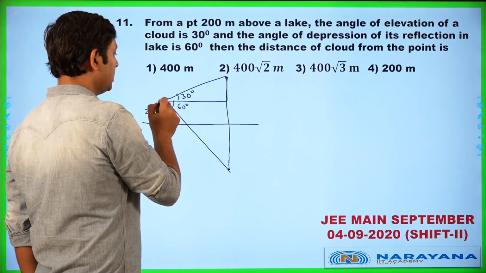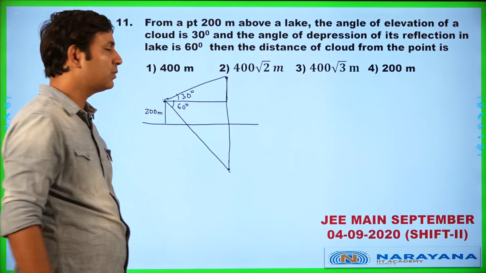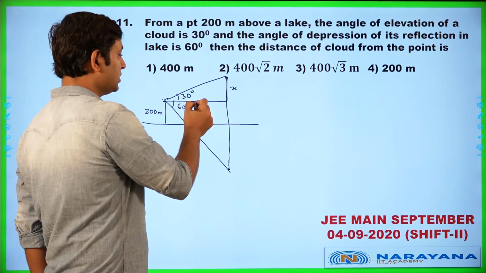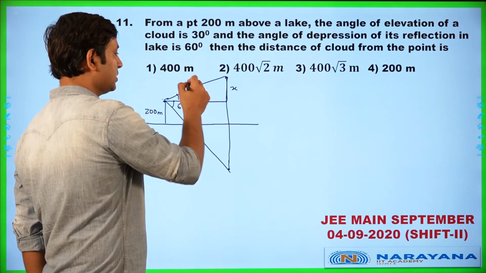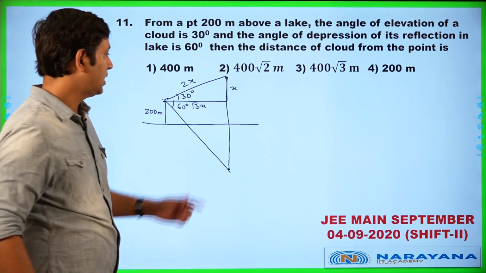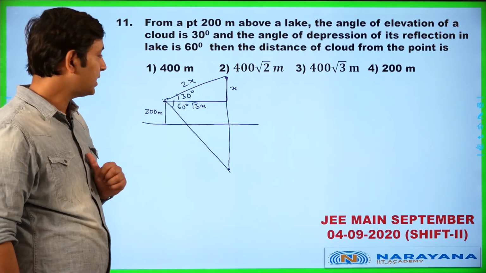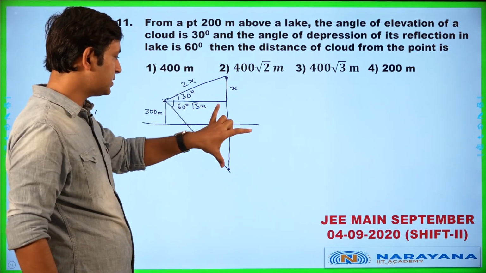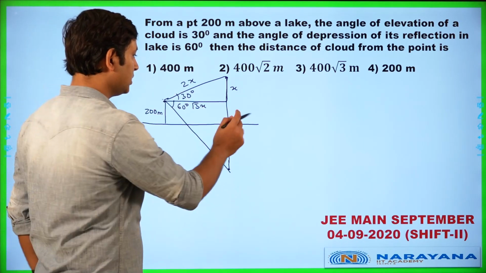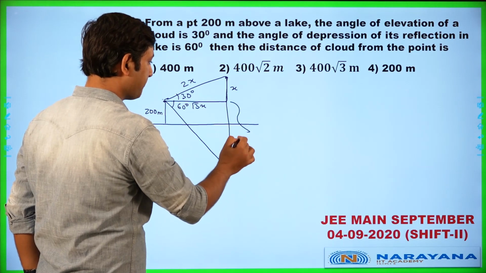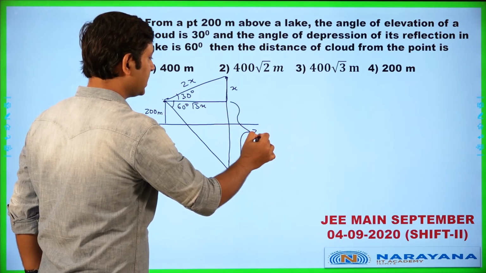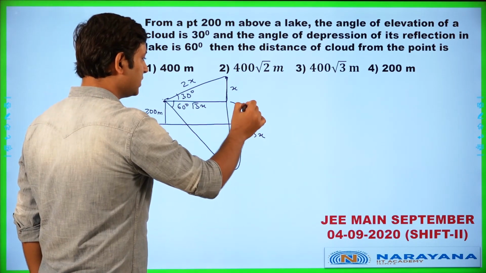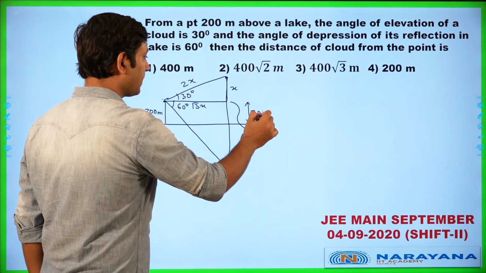Notice we want the distance of this point from the cloud. What we will take is, let us say this distance is x. This distance will be root 3x, this distance will be 2x, applying sine 30 and cos 30. Similarly, if this is root 3x, this distance will be root 3 into root 3x, this distance will be 3x. Notice that this distance is still 200 meter.